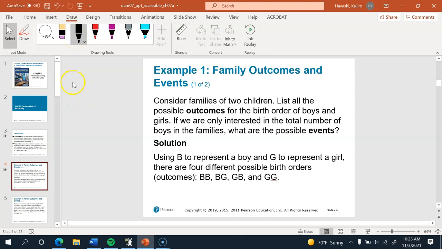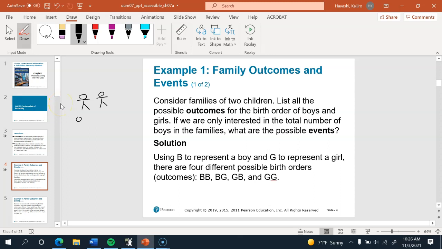Okay, so let's say that there are families with 2 kids. And let's assume that each of these kids can be one of a boy and a girl with equal probability.